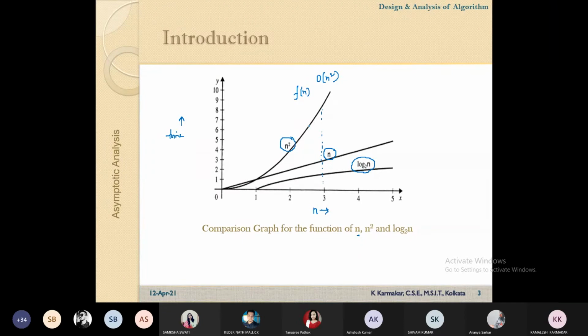So in this way, the time consumption of the algorithm will increase.